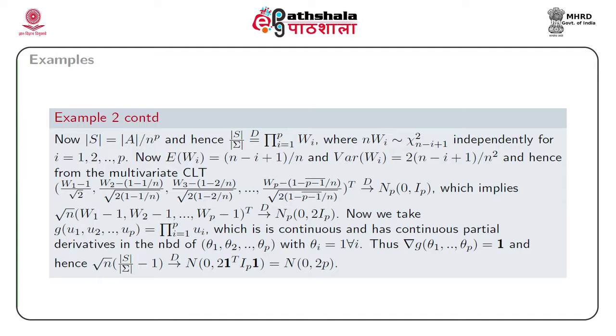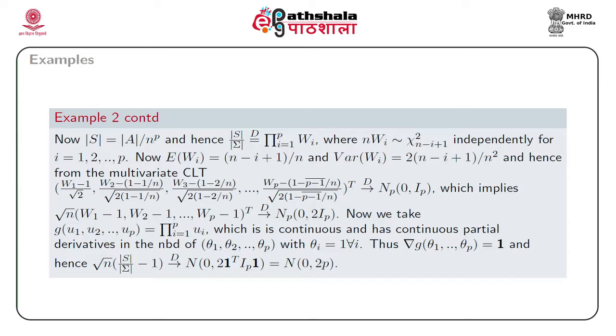Now the expected value of Wi is nothing but (n minus i plus 1) divided by n, because the chi-square variable has its degrees of freedom as its expectation, and we also get the variance of Wi as 2 times (n minus i plus 1) divided by n square, and this also follows from the fact that a chi-square variable has variance 2 times its degrees of freedom.